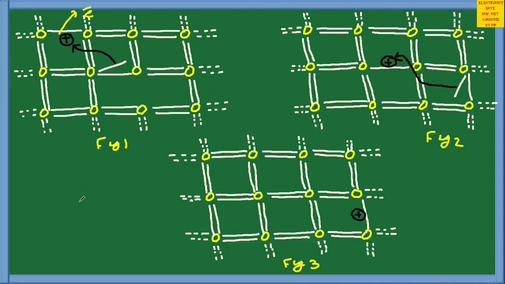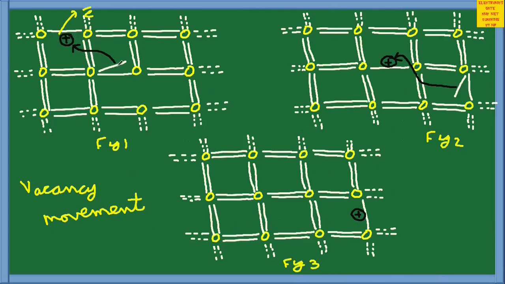Now, the bonded electron movement is also associated with a vacancy movement. We can see a vacancy movement corresponding to this bonded electron movement. Here by vacancy we mean vacancy of electrons. In this figure we have a vacancy of electron. Here we have a positive ion, which means here we have a vacancy of electron.